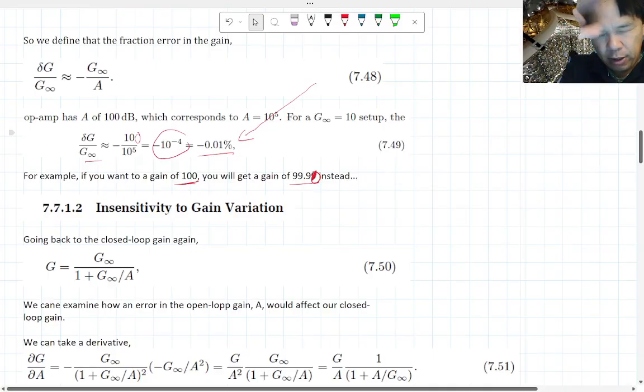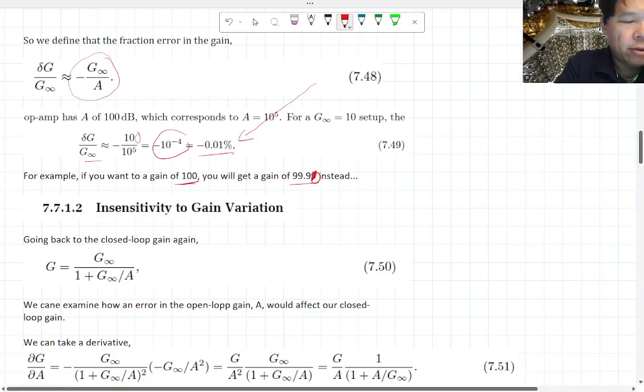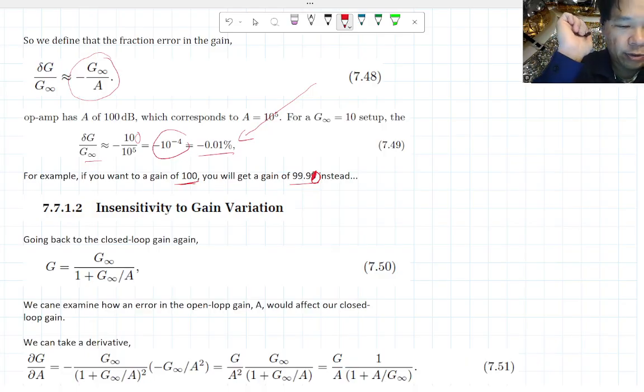The important point here is that when you're building an amplifier, you want to keep the amplification moderate. The bigger your gain is, the bigger the uncertainty on the gain will be, because it's proportional to that. Your A is basically set by your amplifier, so it's kind of constant, but the G infinity, the idealized gain, you can tweak.